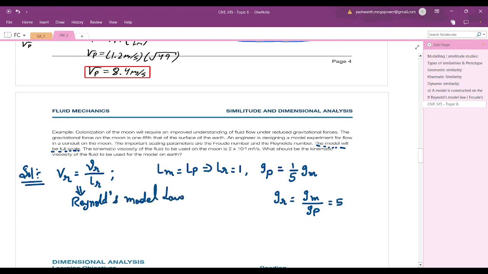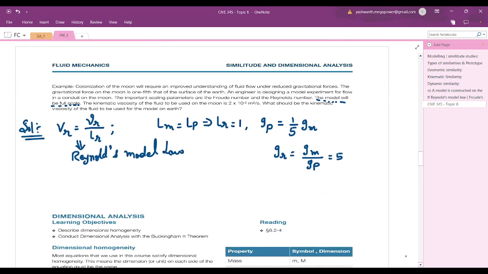Whereas by making use of Froude's model law, Fr in the model, Fr, sorry, is equal to Fr in the prototype. Here the model is on the earth.